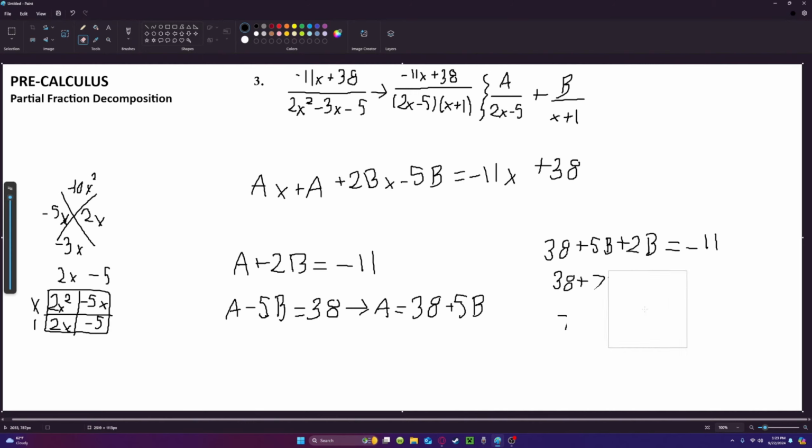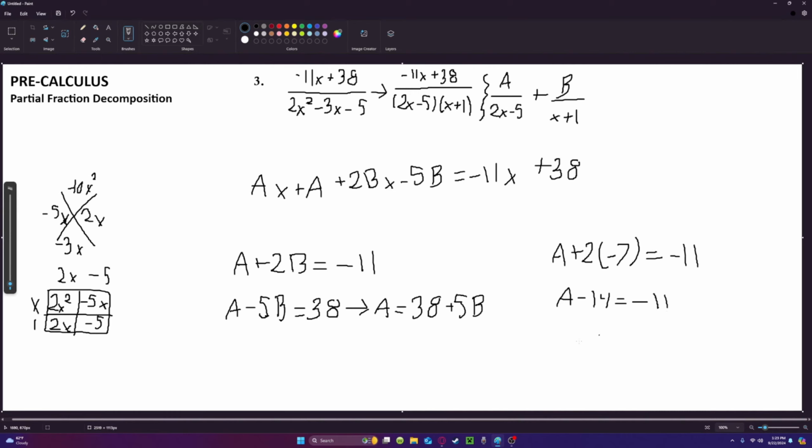I'm going to erase this again just for the sake of space. And then we plug negative 7 back into this equation, so we get a plus 2 times negative 7 equals negative 11. We get a minus 14 equals negative 11, and then we get a equals 3.